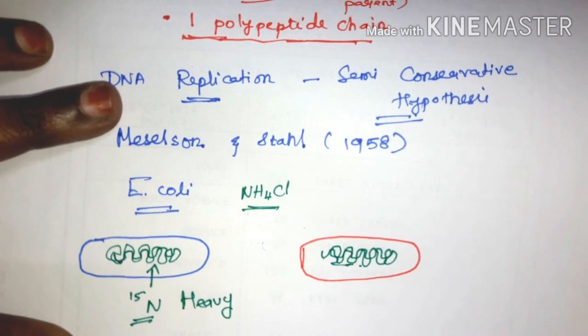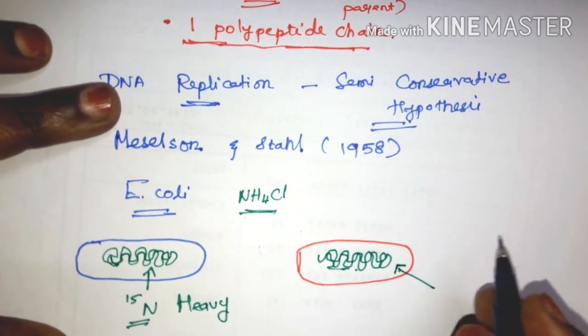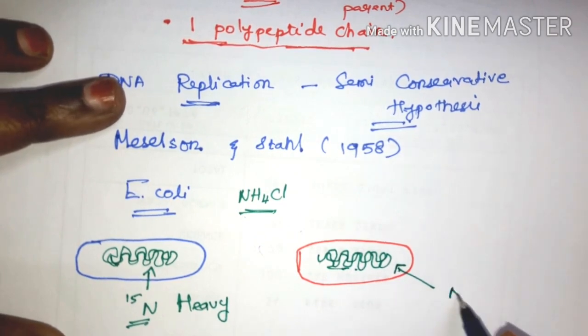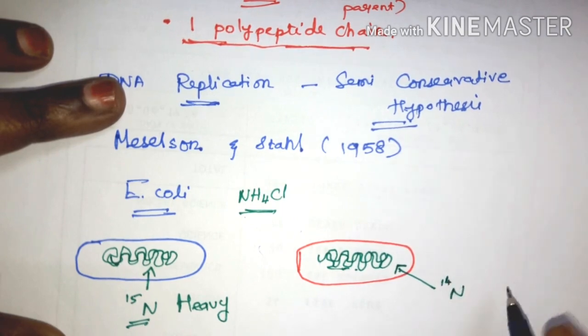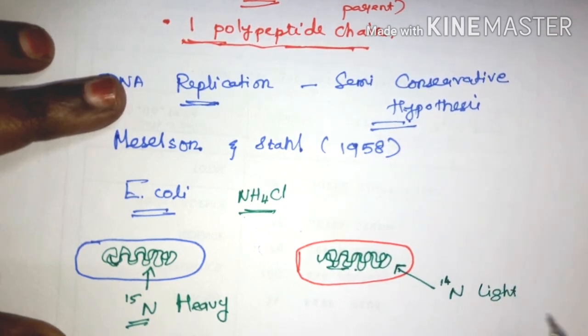But the other E. coli they treat with the light isotope, one position less, and they are said to be light.